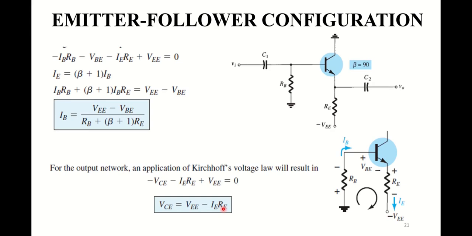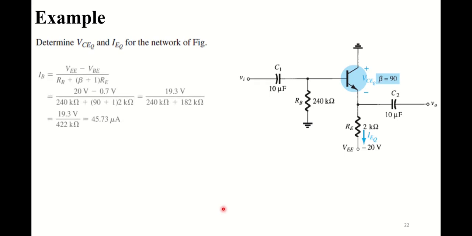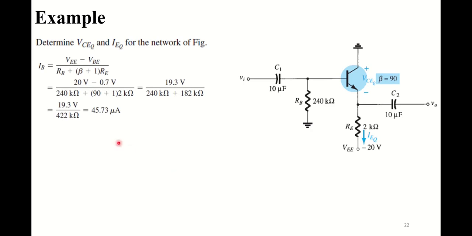Now let us solve an example of emitter follower configuration to find the values of IB and VCE by using the equations derived on the previous slide. The value of IB comes out to be equal to 45.73 microamperes by replacing all the given values in the input loop equation.